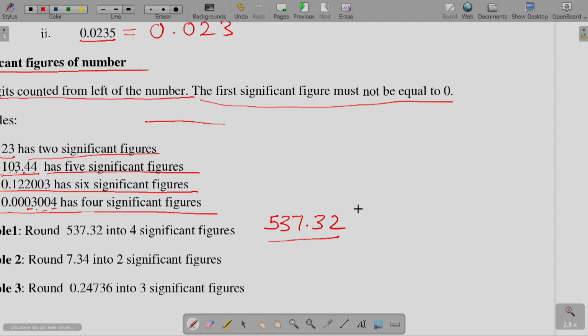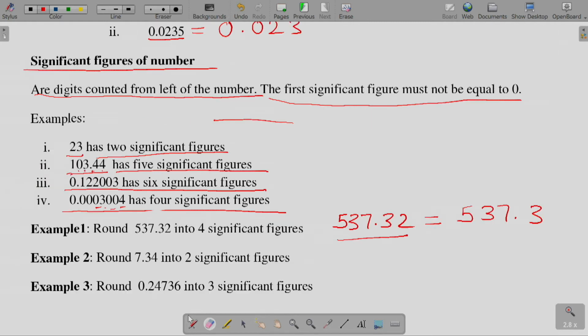Listen to me carefully. The given number is 537.32. Into 4 significant figures, this number will be equal to 537.3.